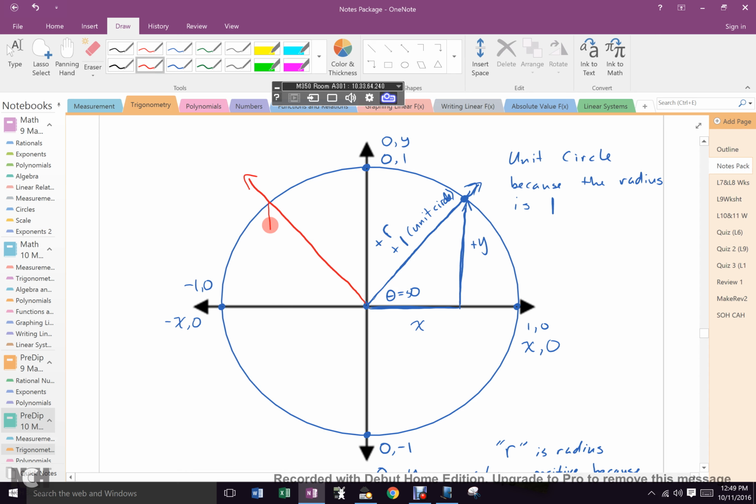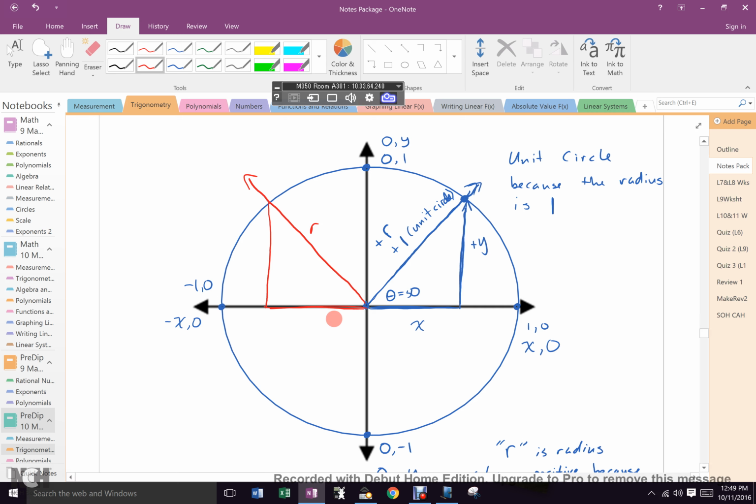Not until I do this. Now, what do I have? Do I have an R? Sure I do, because it goes from the center out to the edge. Is it positive or negative? Why? Because R is always positive. Why? Because of Pythagoras. As soon as you square something negative, it becomes positive.